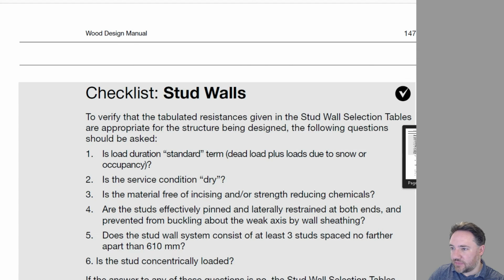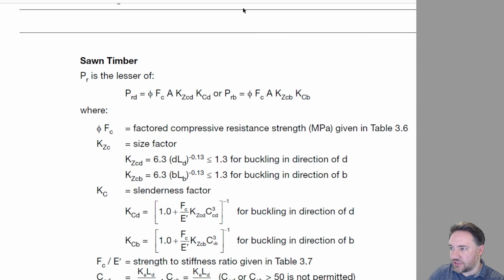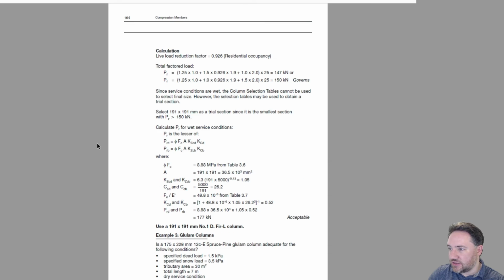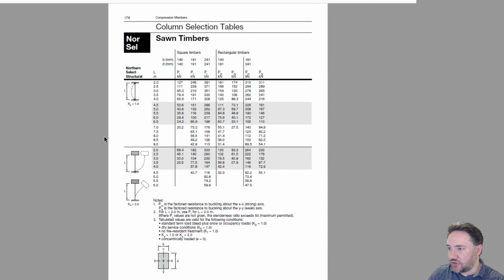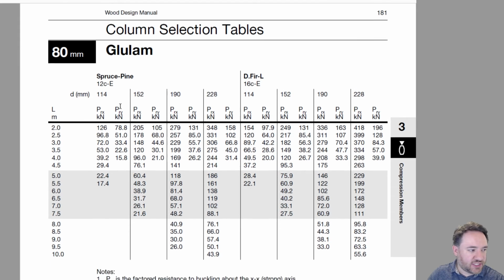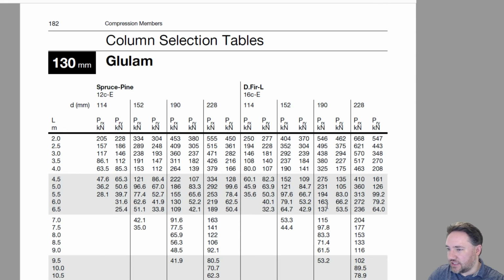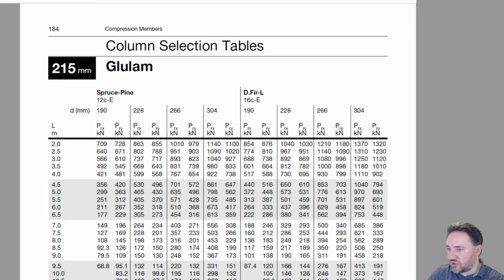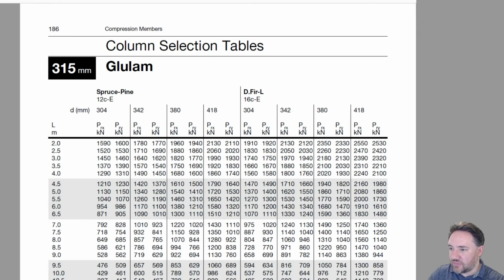But if we go to the tables in the compression member section, and we go to glulam, you'll notice that we don't have the grade of glulam that we're working with. We have 12 CE, which is a bit tough to see, admittedly. We have 12 CE here, 16 CE, and that's it. We don't have 20 FEX. So how do I calculate the compression strength of this grade, which is not commonly used for columns?